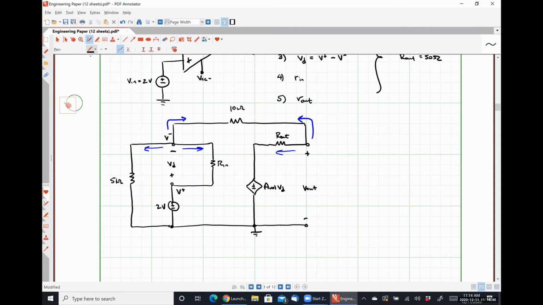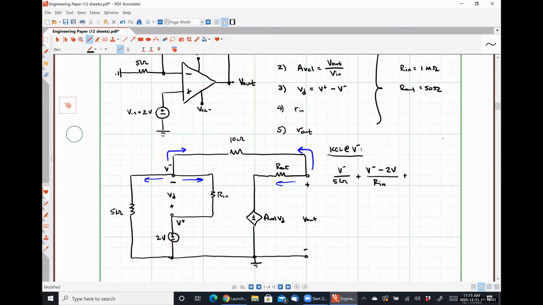All right. So let's see what we got here. KCL at our inverting input terminal. We are going to have V minus minus 0 over 5 kilo ohms, plus V minus minus the voltage present at our non-inverting terminal, which is 2 volts, divided by Rn, or what was the value of that? 1 mega ohm.